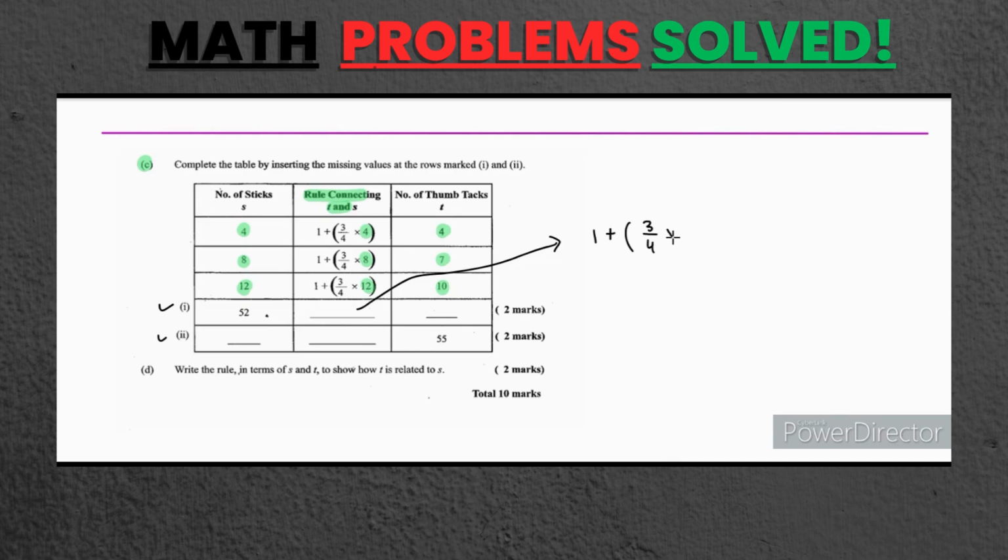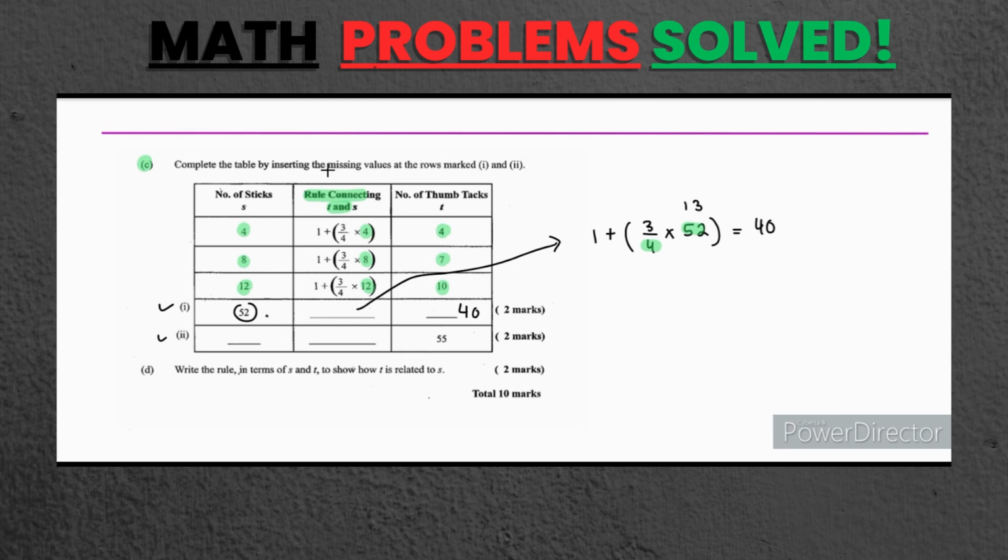Then times, this time you plug in the value of S here. You can see the value of S is 52, so you write 52 here. If you simplify 52 and 4, it will be just 13. So 13 times 3 is 39, plus 1 is 40. So the value of T here will be 40.